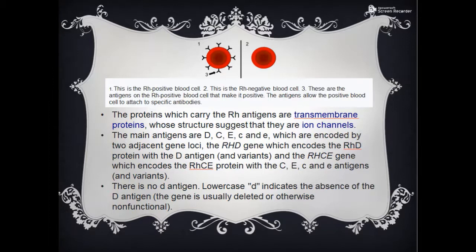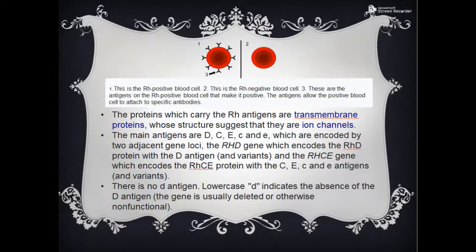And the Rh antigen is coded by capital letter D, C, E as well as small letter c and small letter e genes. Different forms of that gene are present here, and the presence of this RHD gene is always found in the case of Rh positive people.